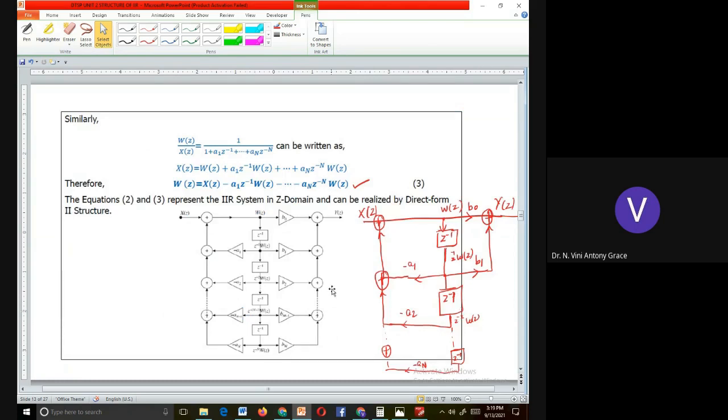Already we have z power minus 2 W of z. So it is enough to multiply this with b2 and add it to the previous term. Like this it goes. With this I can very well multiply bm and add it to the previous term. Now this is the direct form 2 structure realization.